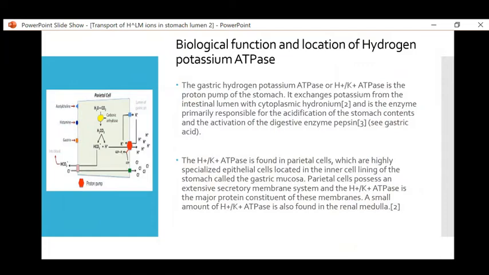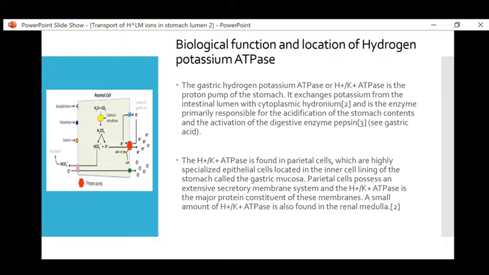Biological function and location of hydrogen potassium ATPase. The gastric hydrogen potassium ATPase is the proton pump of the stomach. It exchanges potassium from the intestinal lumen with the cytoplasmic hydronium and is the enzyme primarily responsible for the acidification of the stomach contents and the activation of the digestive enzyme pepsin, which is responsible for the digestion of proteins.